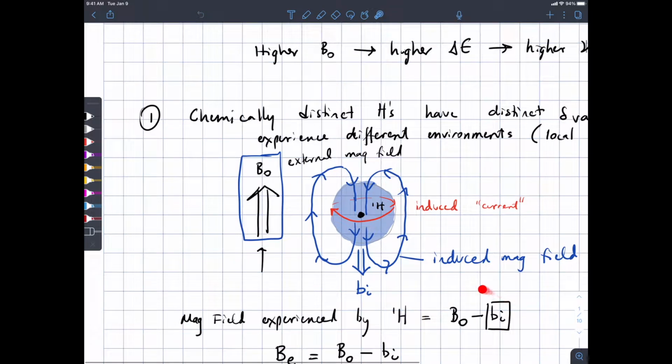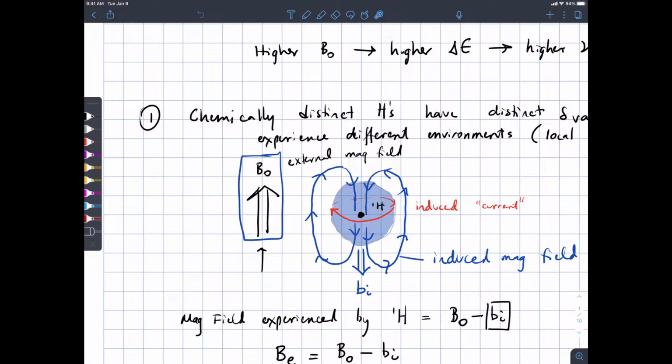So what it experiences depends on its environment, and the presence of electrons will tend to reduce the extent of the external magnetic field that a proton experiences. That makes its chemical shift lower. We call this phenomenon shielding. The presence of a lot of electrons tends to shield the proton from the external magnetic field, and the shielding moves you to lower values of chemical shift.